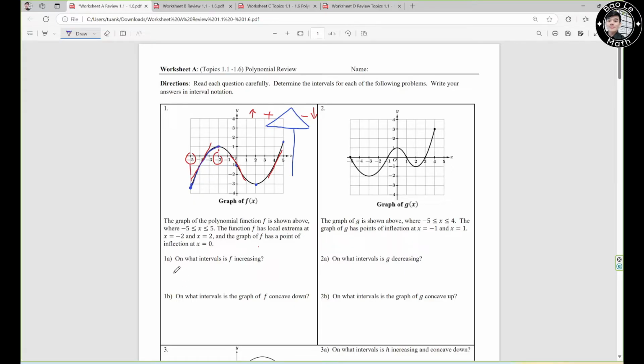So it's going to be -5 to -2, union this guy right here, 2 to 5, right?